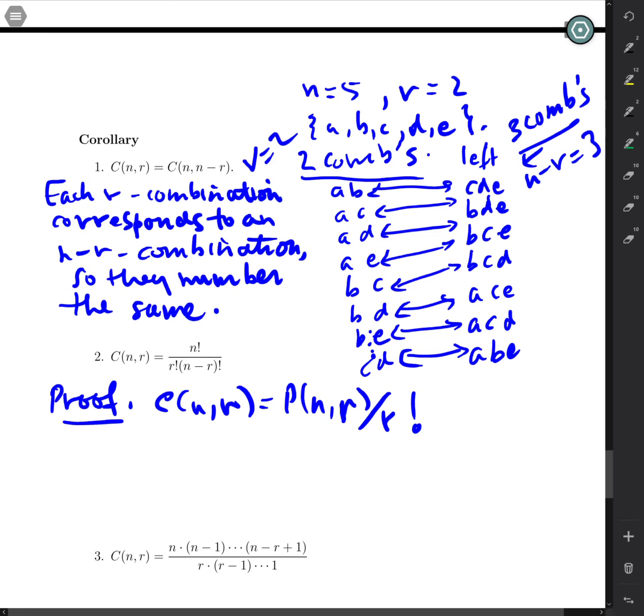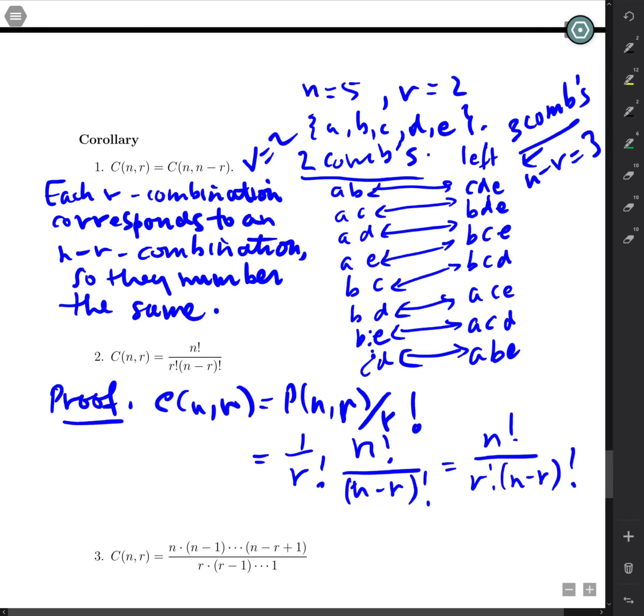Our theorem from the previous video said that C(n, r) times r factorial is P(n, r), and I've divided both sides by r factorial. But we have two formulas for P(n, r), and one of them is in terms of factorials. So this is 1 over r factorial, and you might have to look back to recall that P(n, r) can be written as n factorial over n minus r factorial. So in fact, that is n factorial over r factorial times n minus r factorial.